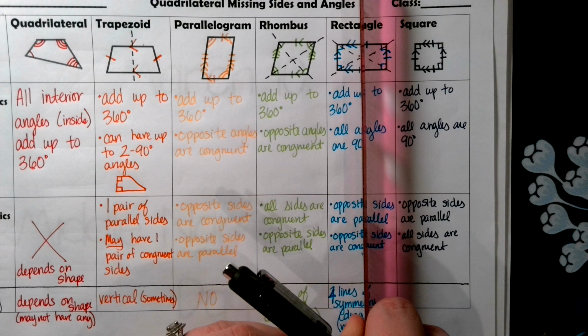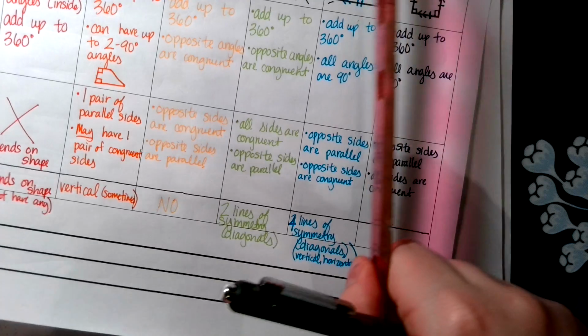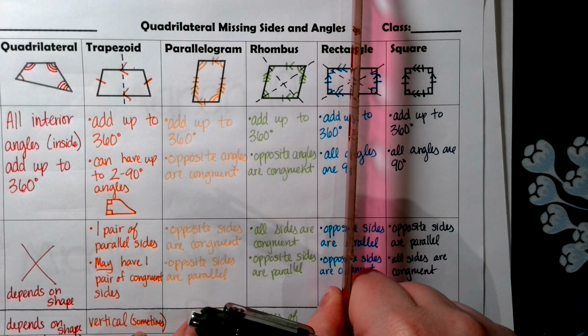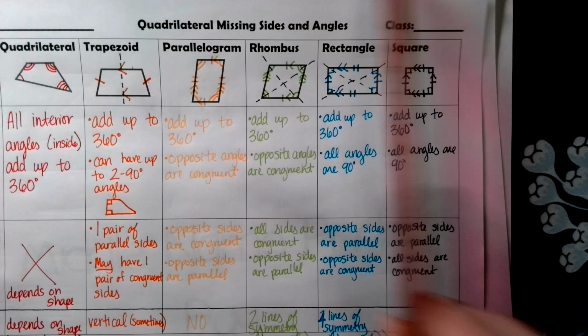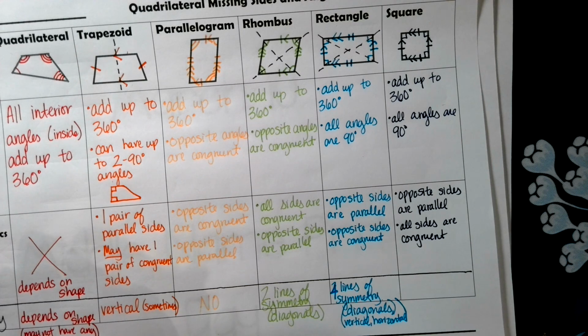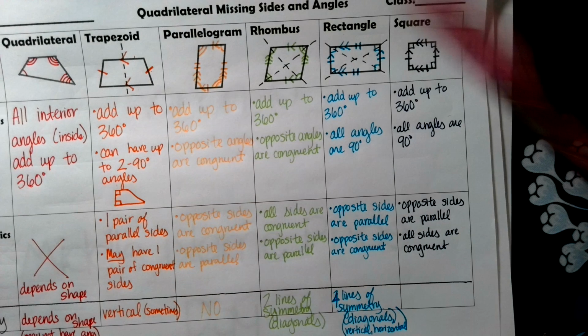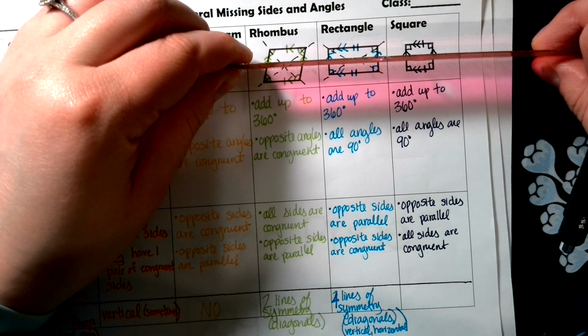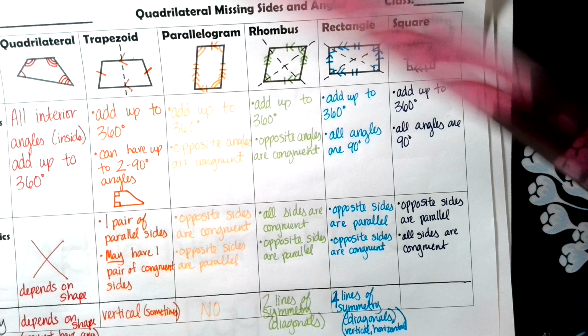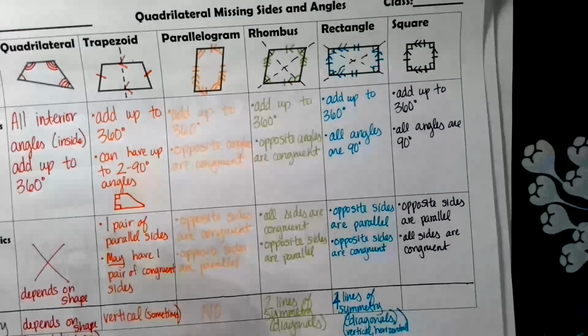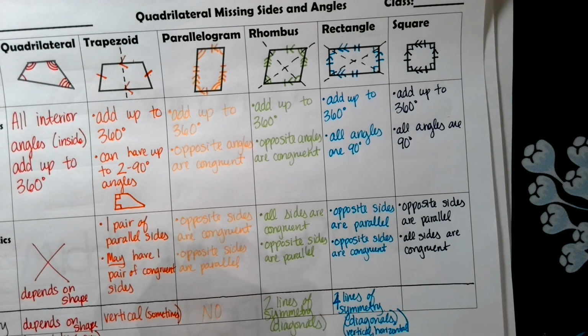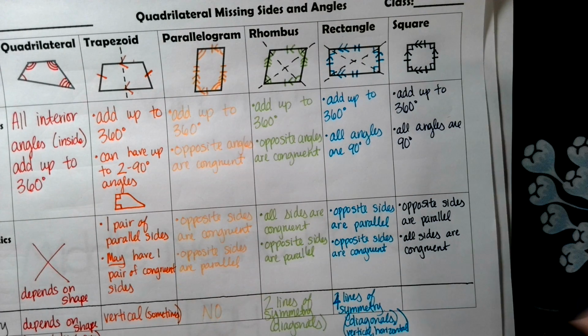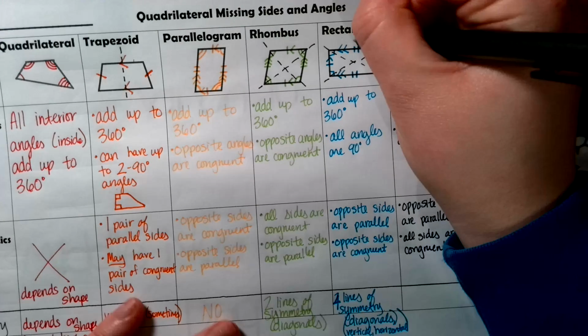That's vertical. Vertical is up and down. Horizontal, I cut it side to side, my top and my bottom are the same. So that means I really have 4 lines of symmetry. I need to add those dots in there. Sorry about that, guys.